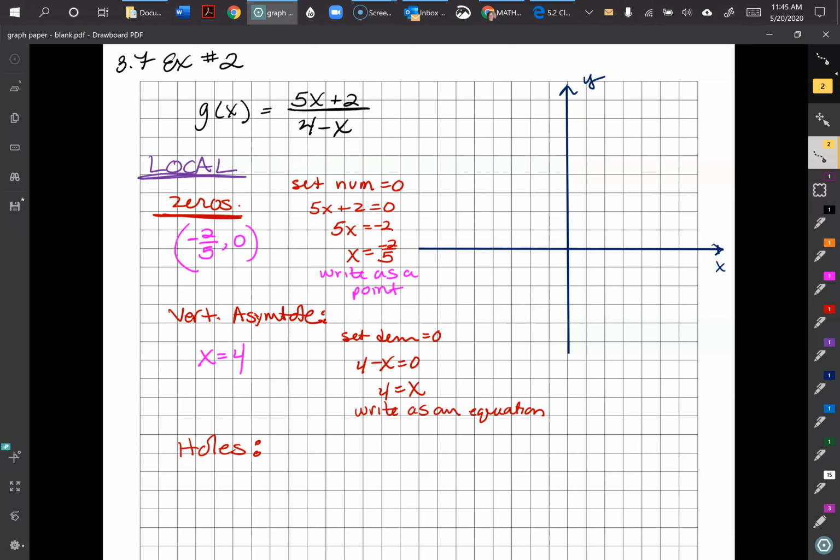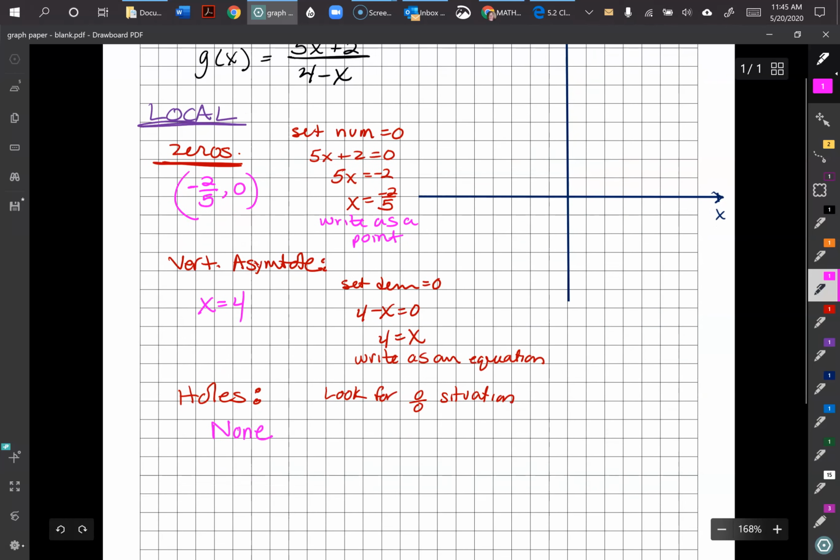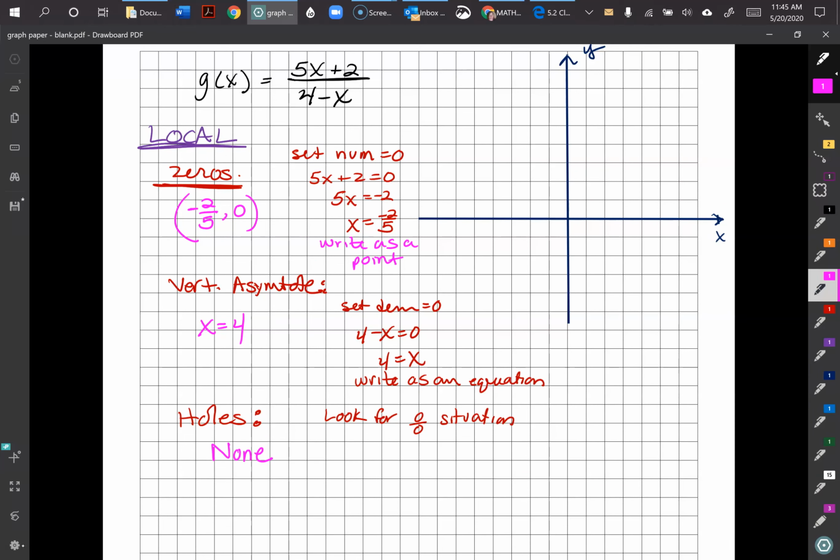That's going to leave me with a 0 over 0 situation. If there's none, we write none. So there isn't any here, so none. So no holes. The last thing we're looking at is the global behavior.